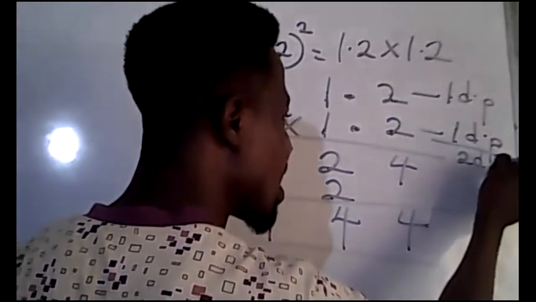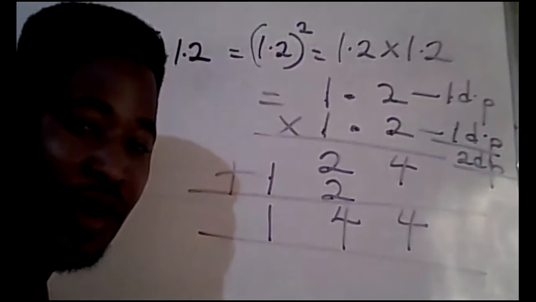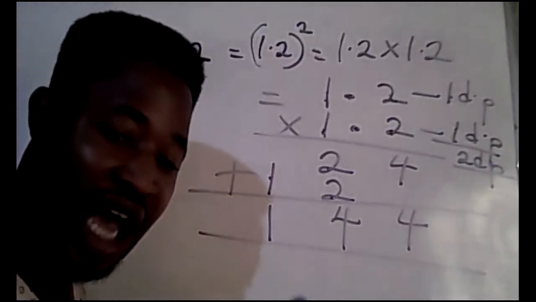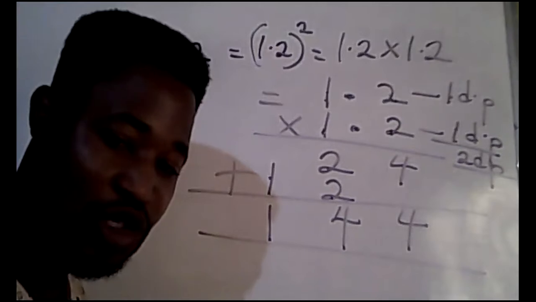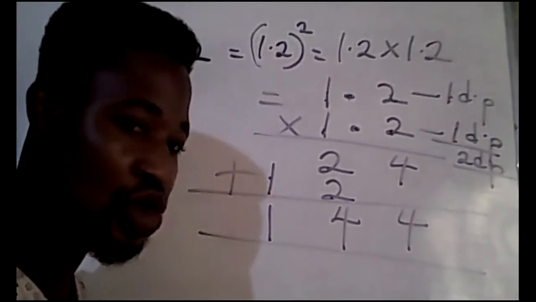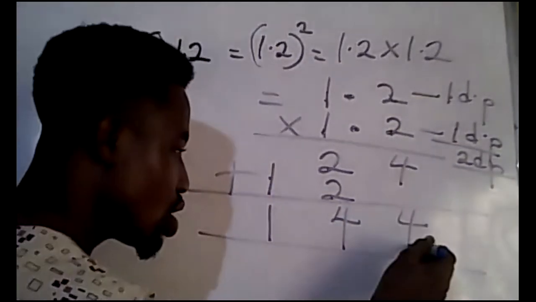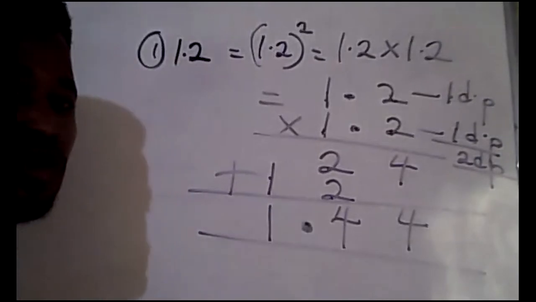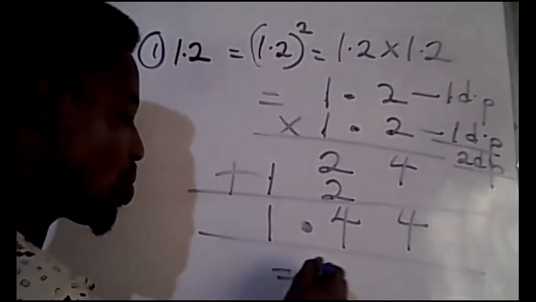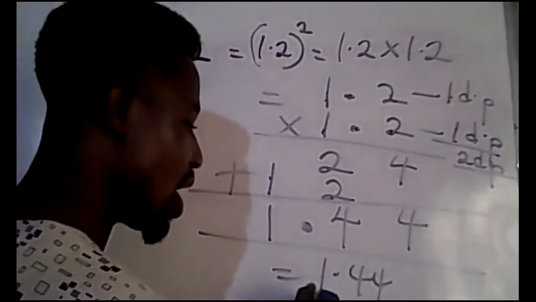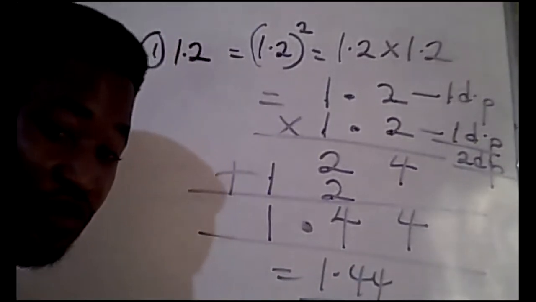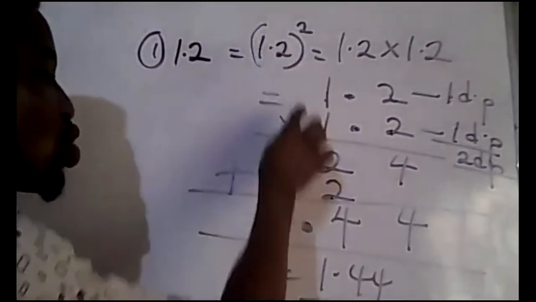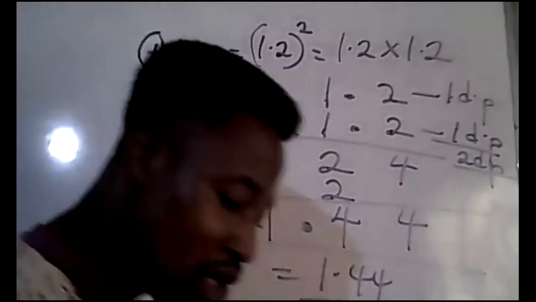So in your answer, you must have 2 decimal places. That means there must be 2 digits after your decimal point. So let's do that. Count 1, 2. That means your decimal point needs to be here. So that's why our answer will be 1.44. Like I told you, it is not one point forty-four, but one point four four. So the square of 1.2 is 1.44. Is that clear?